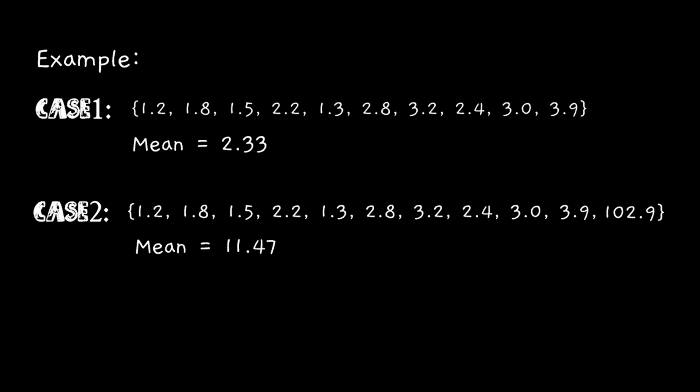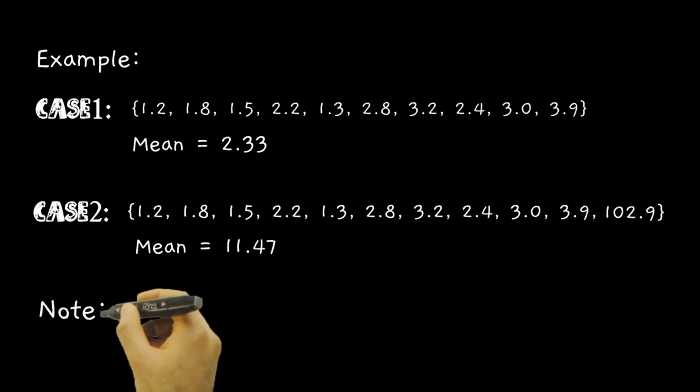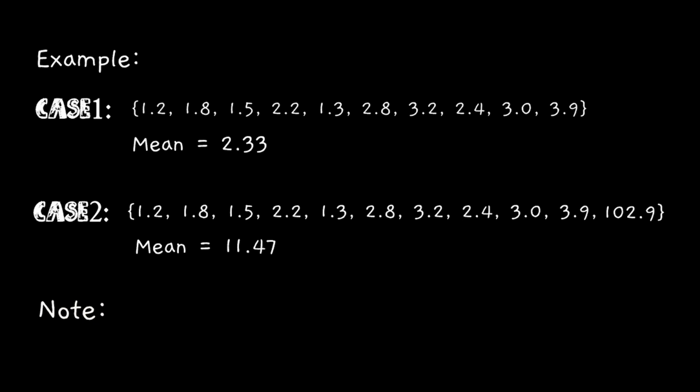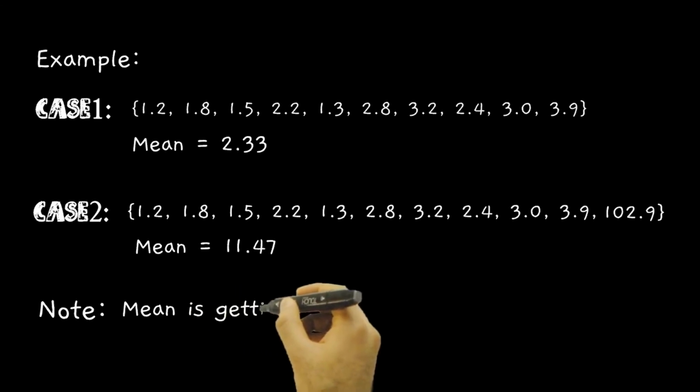In this case, the mean is 11.47, which is more than 3.9, the maximum value in the first case. Because of this 102.9, the value of the mean increased to 11.47. In the second case, 102.9 is called an outlier and the mean is getting impacted by the outlier.